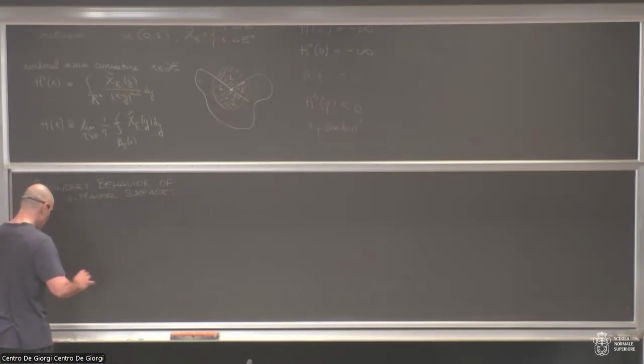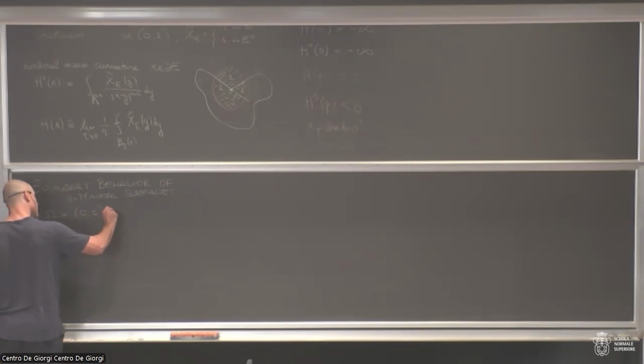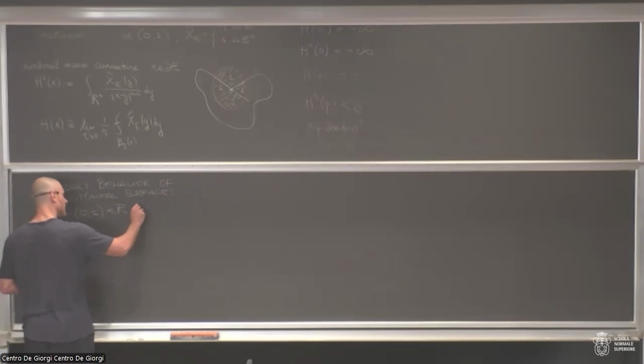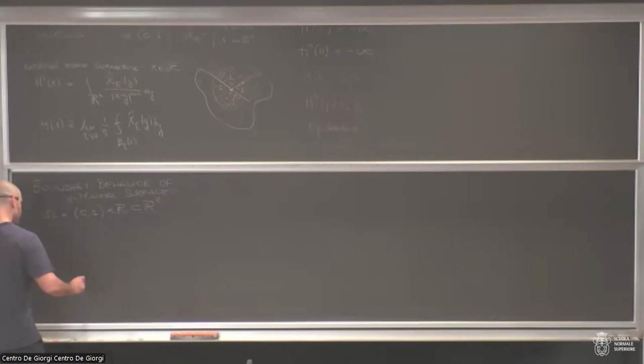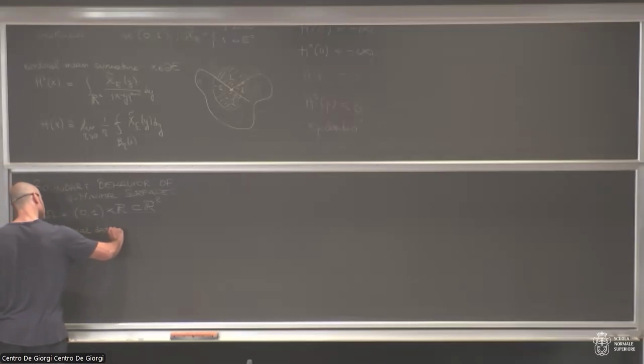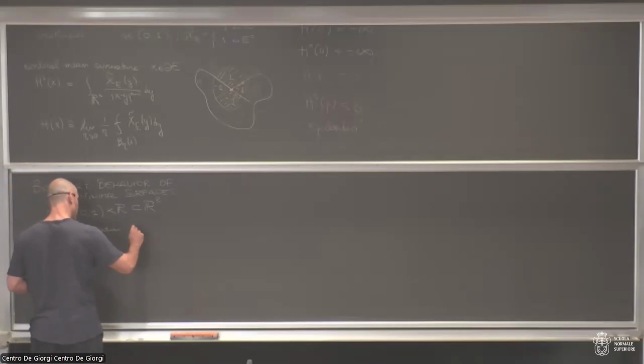So let me propose very simple examples. So my domain omega will just be a slab in R2, so I consider (0, 1) times R. This is a subset of the plane. And I consider an external datum to be a nice graph.